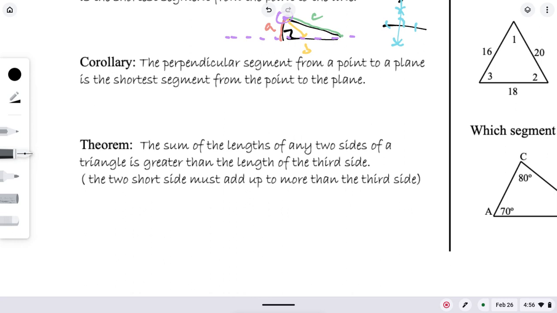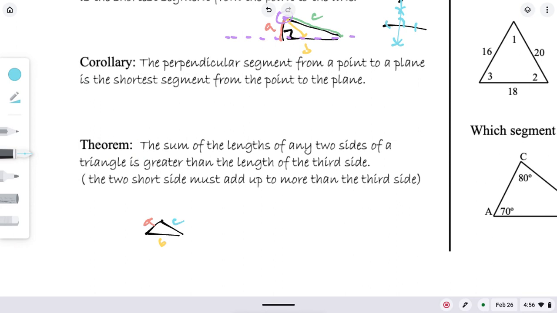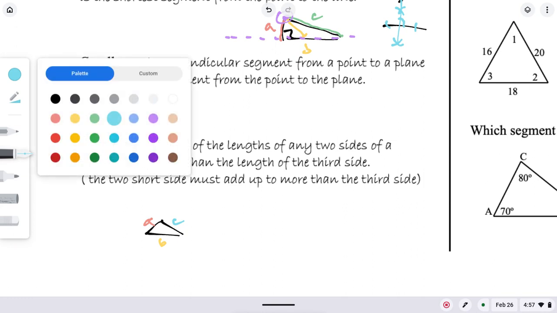So I could start out with something like this, where, okay, A, B, C, right? I can make C longer and longer.